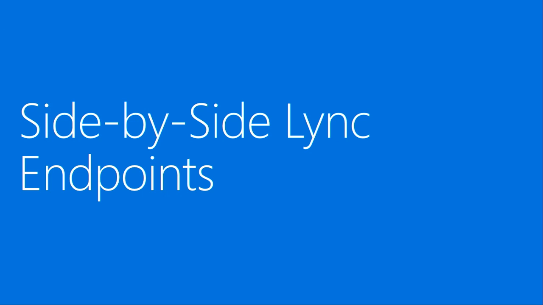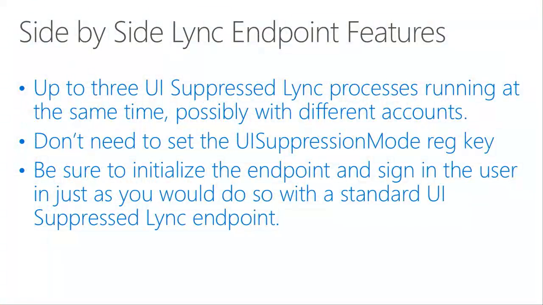They are almost the full feature of the regular Lync endpoint. That means you can do IM, contact management, audio and video. Of course, it's UI suppression mode, so you must have your own video frame to host the video stream.